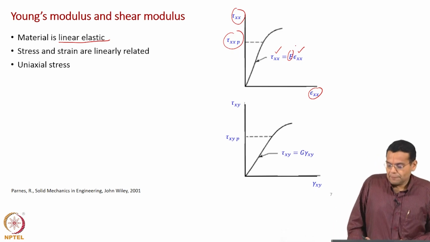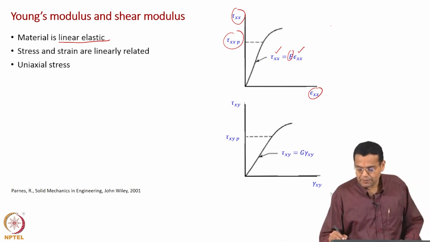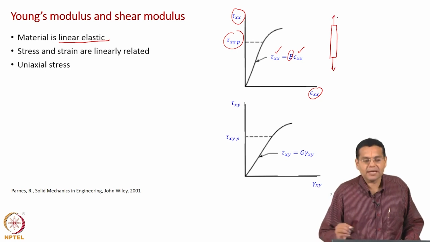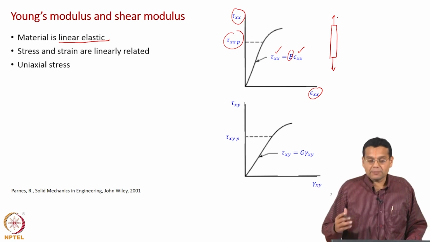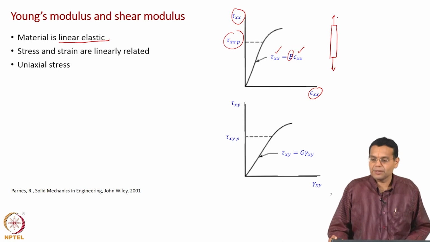We consider, let us say, a rod subjected to uniaxial stress. What do I mean by uniaxial stress? You apply a normal stress along only one direction, that is why it says uniaxial stress.